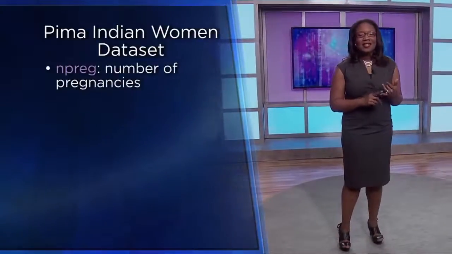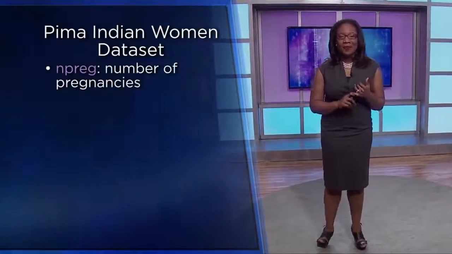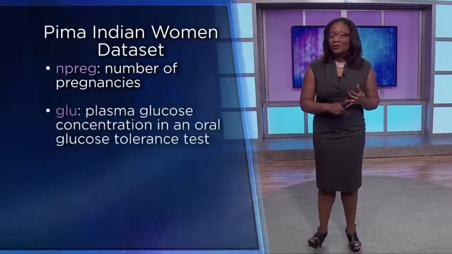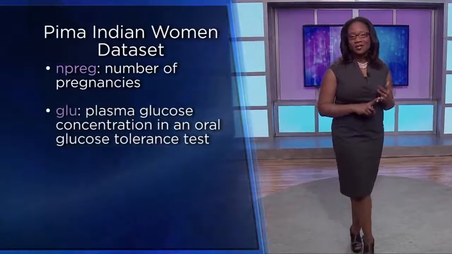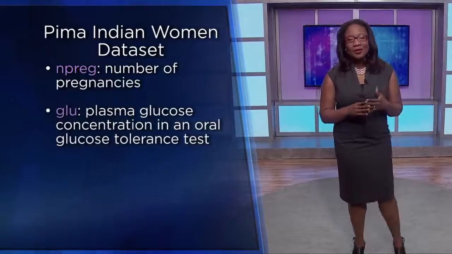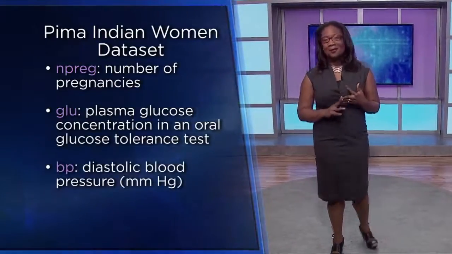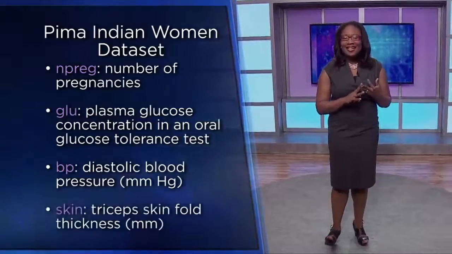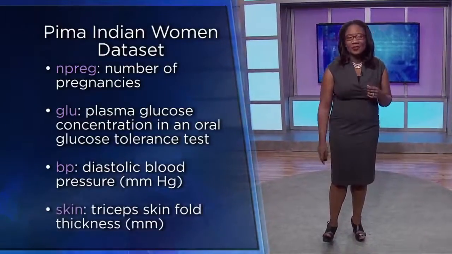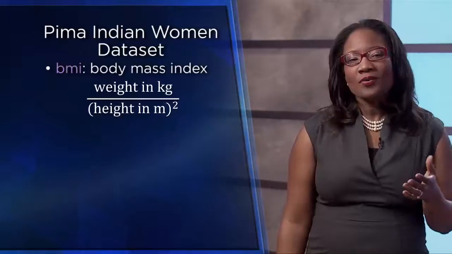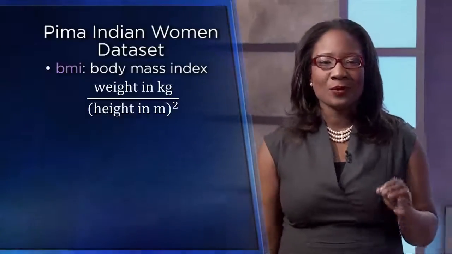First, we're given the NPreg, which is the number of pregnancies. GLU tells us the plasma glucose concentration in an oral glucose tolerance test. BP gives us the diastolic blood pressure, and skin tells us the tricep skin fold thickness. We're also given the body mass index, or BMI.